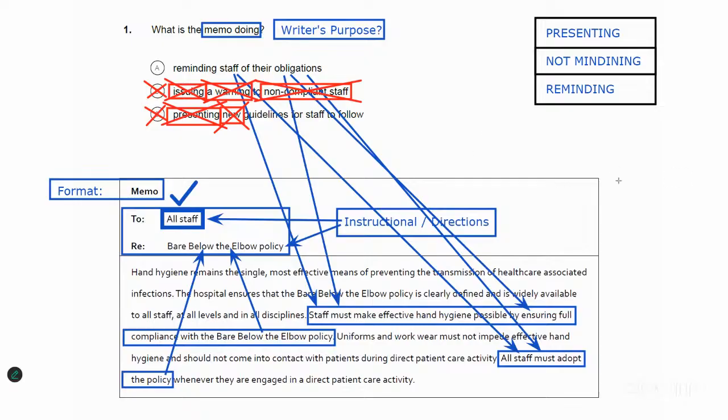Number 1, number 2, and number 3. Now let us notice this one very clearly. Now, if you see this point, the hospital ensures that the bare below the elbow policy is clearly defined and is widely available. Already available means presented before, presented long before.